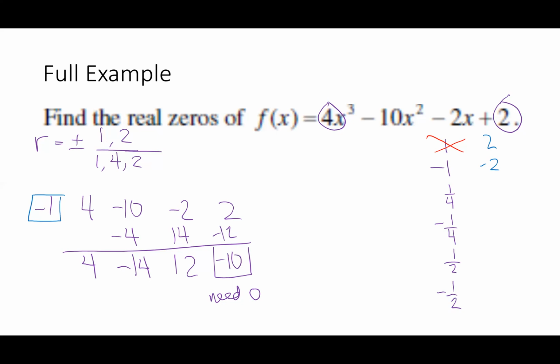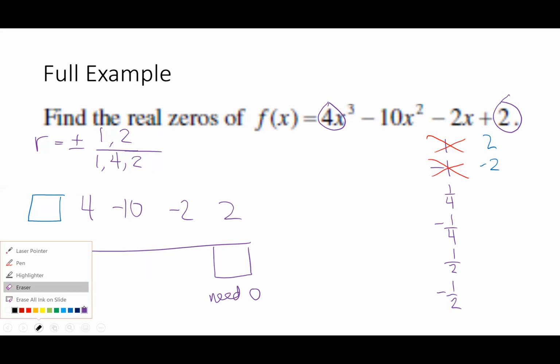Yeah, negative 10, so negative 1 doesn't work. If you want to know those, there's so many little tricks to check and to test. I don't think that it's obvious what those are, and I don't even necessarily know if they're helpful. If you come to an office hour, I can show you some of those. But I don't want to spend a whole lot of time on this in class because then the video would just get super long and kind of confusing.